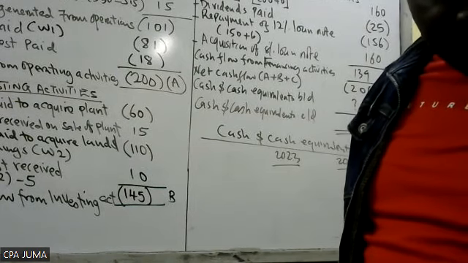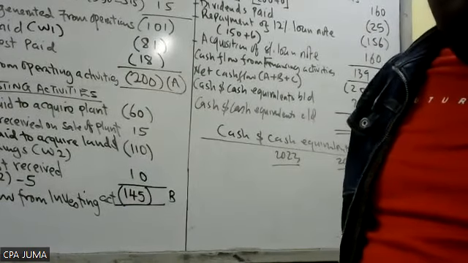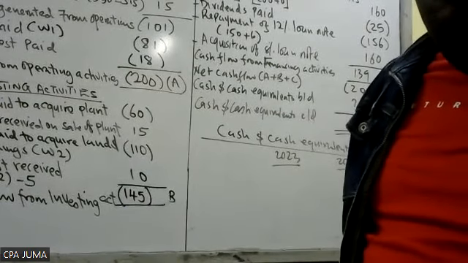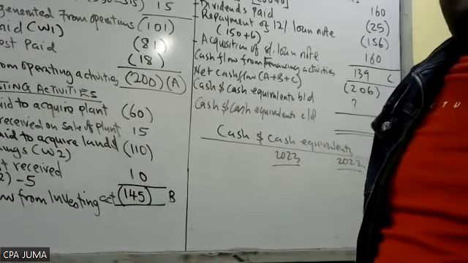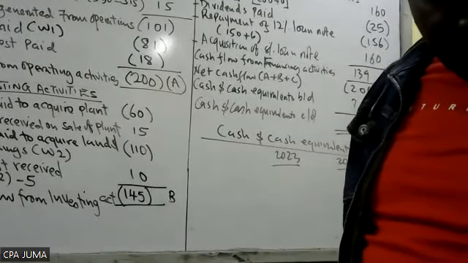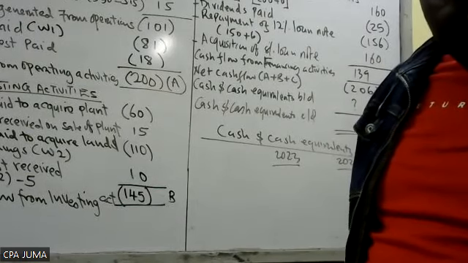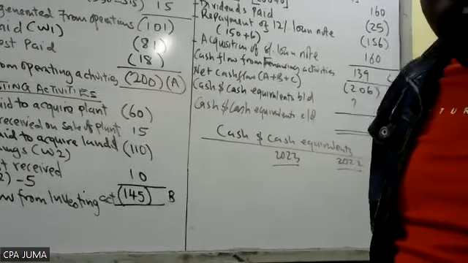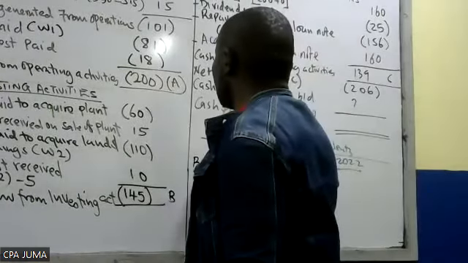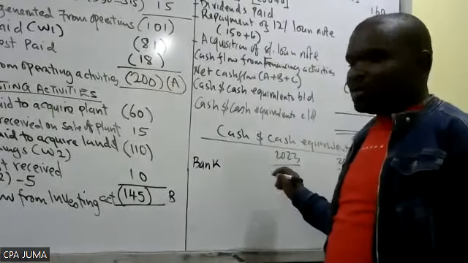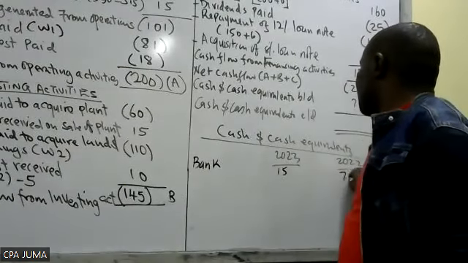I hope that is the correct figure. Bank, there is 15 at 2023, then the other side, 75. Please confirm if the figures are in order. So bank is 15 and 75.